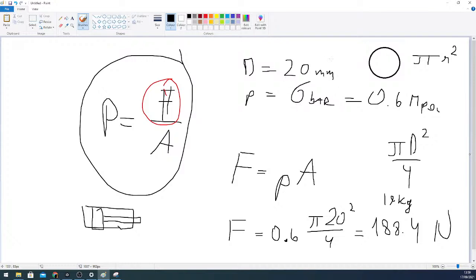The cylinder size may be the same, but the pressure is higher. So in the lab, for pneumatics we use 6 bars, for hydraulics we use 60. And in industrial environments we can see 120 and, for example, even 600 bars of pressure.